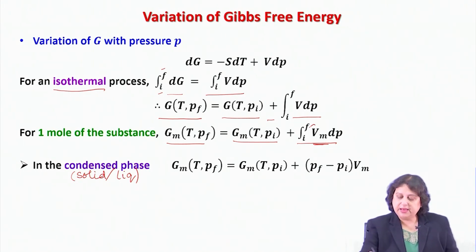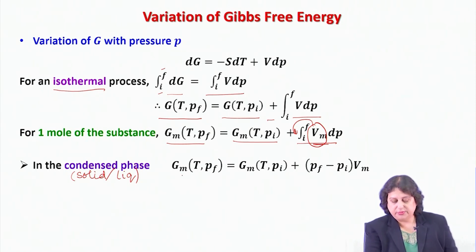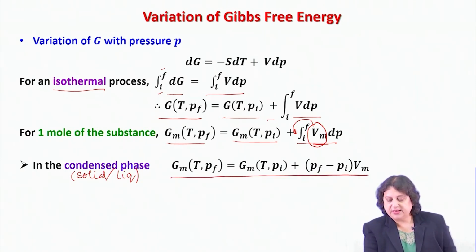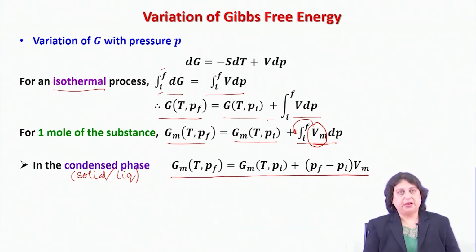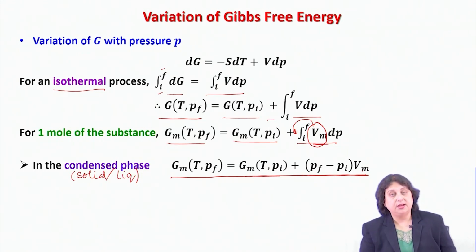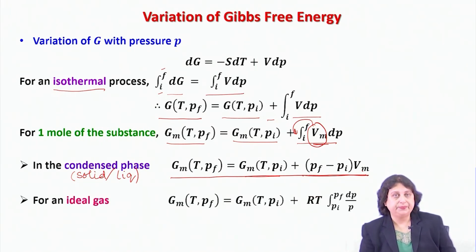Then I can take Vm out from this integration, and the result would be that the molar Gibbs free energy as you change the pressure from Pi to Pf will be this plus this quantity. So if you know what your initial and the final pressures are, if you know what the molar volume is, then it is very easy to find out what would be the response of the Gibbs free energy of the system as a function of pressure.